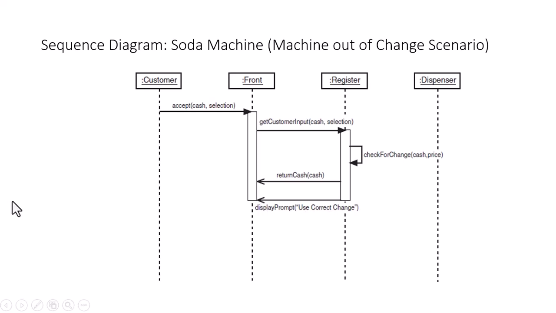So if you have entered a lesser amount or change is not available, this means there is no communication from the dispenser. This means the cold drink is not given to the customer via the front. So this shows there is something happening here. This one object is responsible for taking and updating all the information of cash.